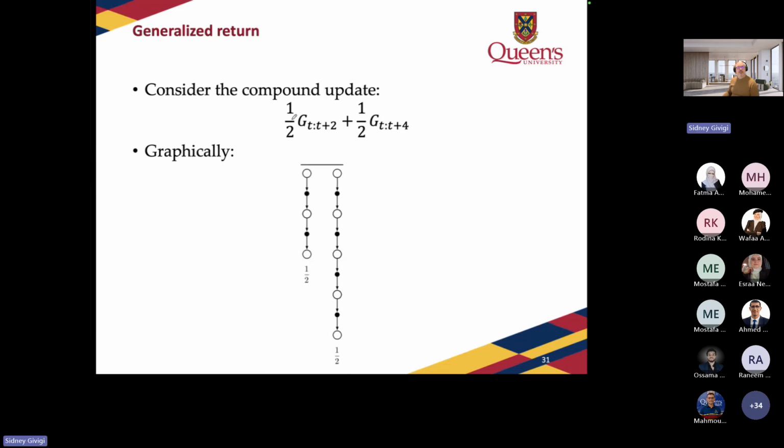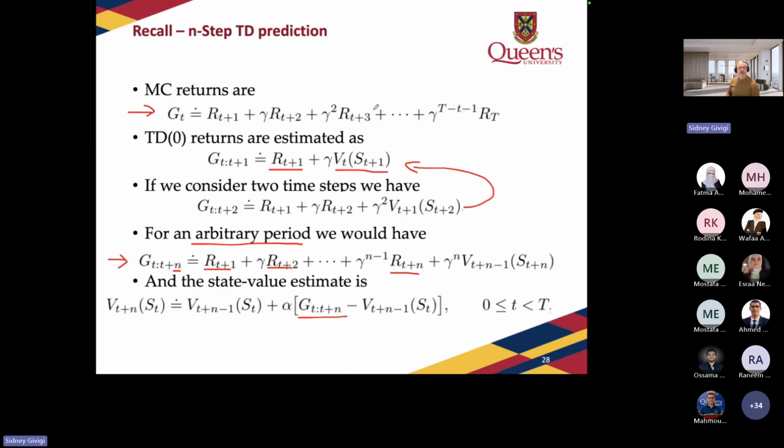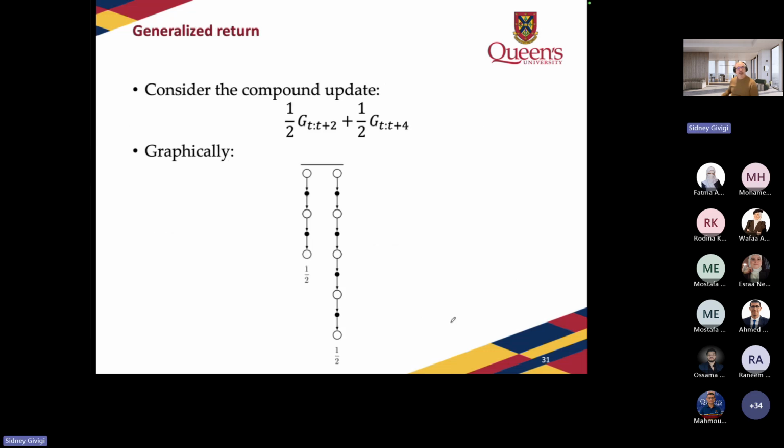We can create this return, and we can use the same algorithm as we are using in this last line here, by saying that my return is going to be equal to this. Okay, so now I have half the weight for this and half the weight for this. So now I can use the same idea. This particular return here is going to create an approximation of that.